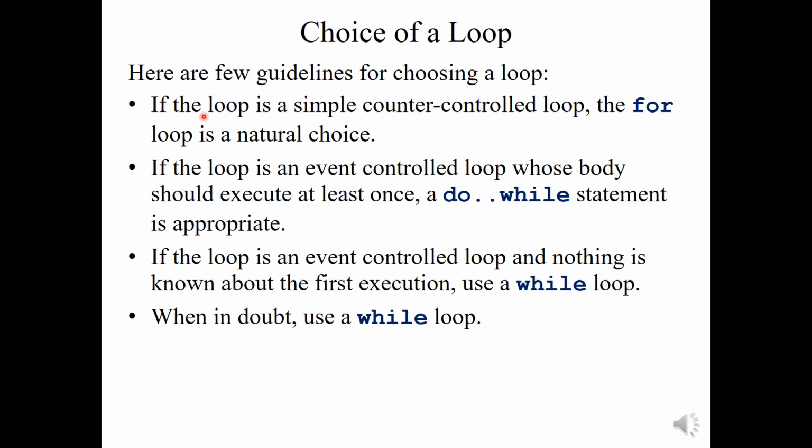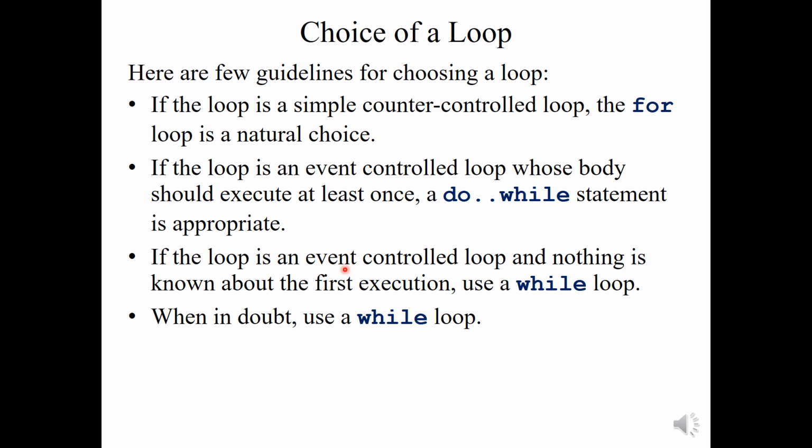for your convenience. If the loop is a simple counter-controlled loop, and you know beforehand how many times you have to do this looping, then the for loop is a natural choice, because everything is defined within the parentheses of the for statement, so you know what you are doing. Now if the loop is an event-controlled loop whose body should execute at least once, sometimes you need that, then a do while will be preferred.